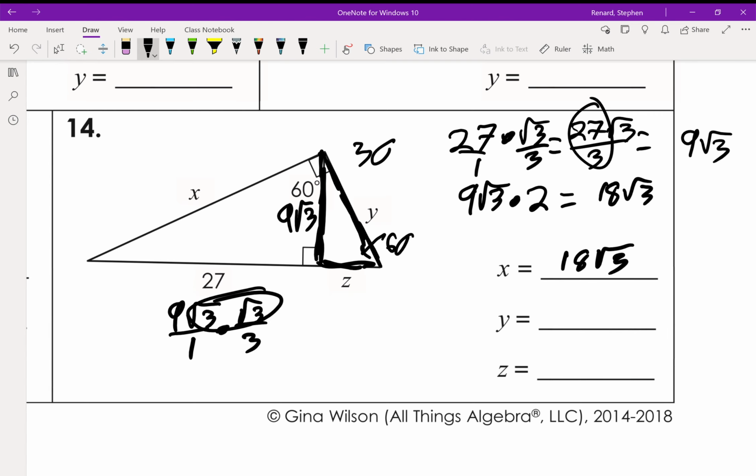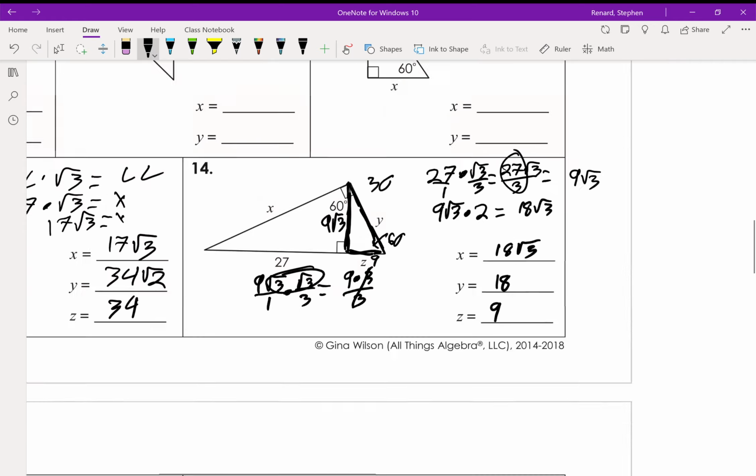Remember, when we multiply the square root of 3 times the square root of 3, we just get 3. 3 divided by 3 is 1. 9 times 1 is 9. So that means z right there is 9. We then multiply that by 2 to get the hypotenuse. 9 times 2 is 18.